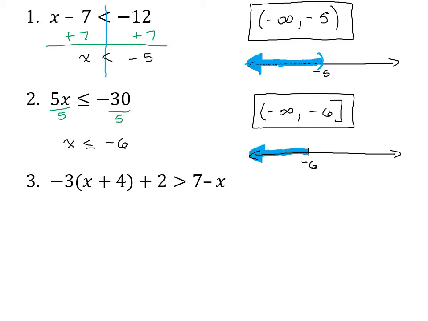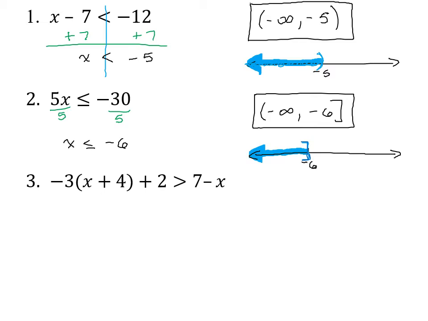And since it is an equal to, or a bracket, I have a bracket at -6, not a parenthesis. Or you could also see it as a closed dot.